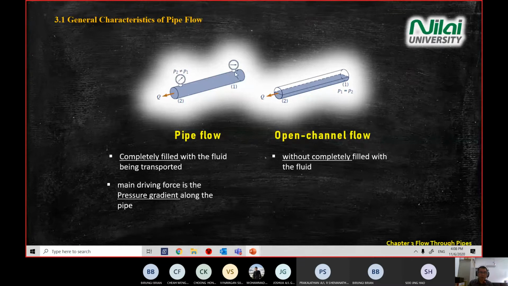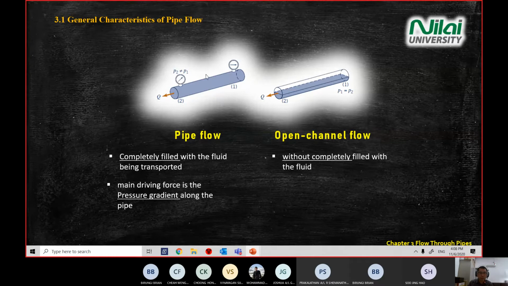If you look at the diagram here, there's a hidden message. If you look at the pressure gauges here, this one points in a certain direction and the other points in another direction. In this case, it's very obvious that point number one has higher pressure than point number two, because of the direction of the needle that you see on the gauge. Normally a gauge goes clockwise.